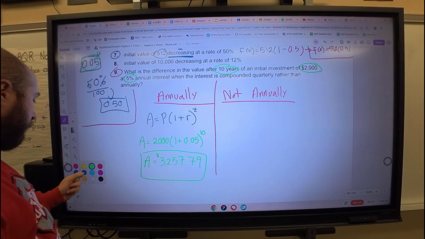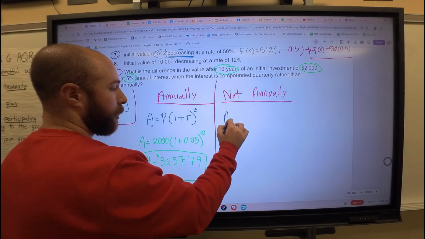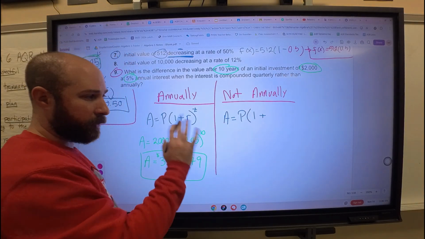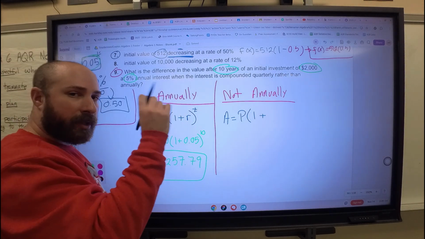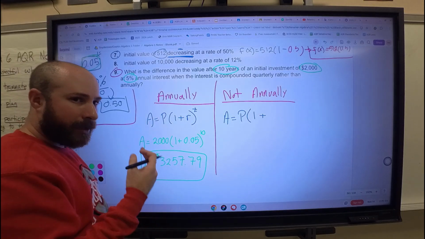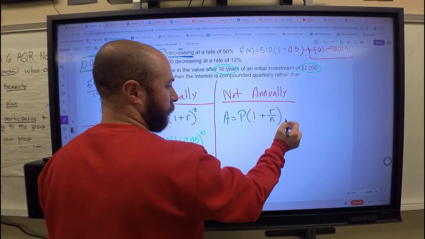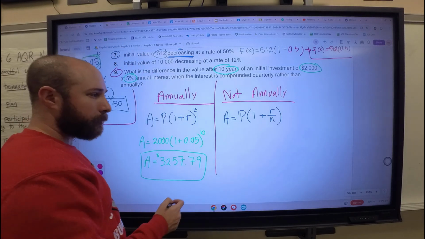Now, if I do it not annually, we use a different formula. It's slightly different. We have A equals P times 1 plus. All of that is the same. But now, I have to take my rate and I have to divide it by the number of times that the interest is being calculated. So it's r over n. n is going to be the number of times that it is compounded.